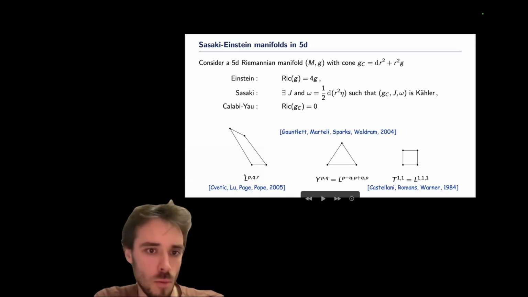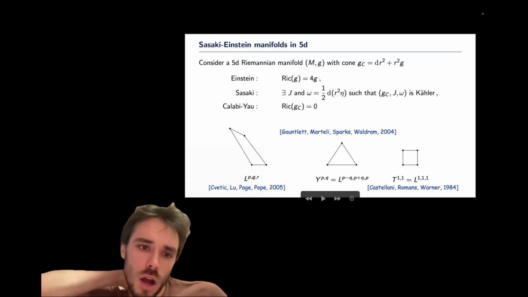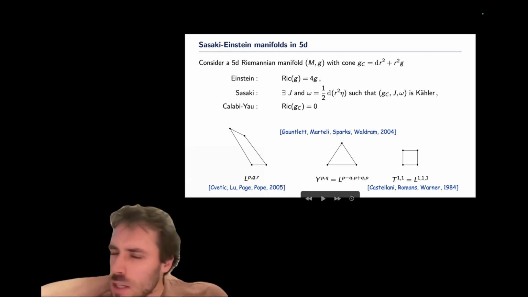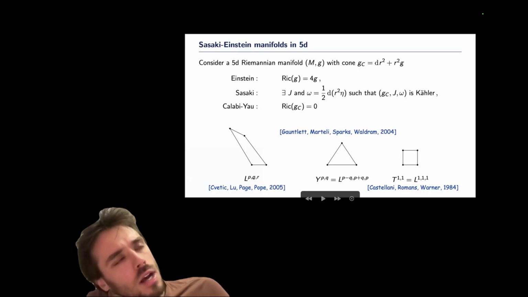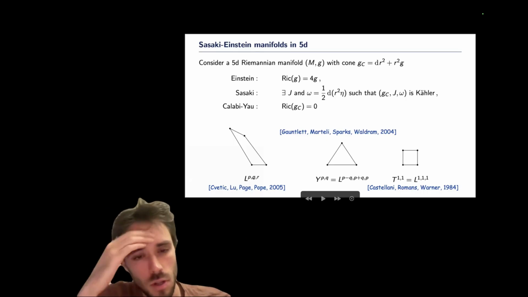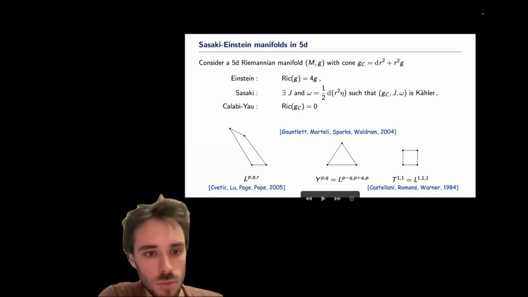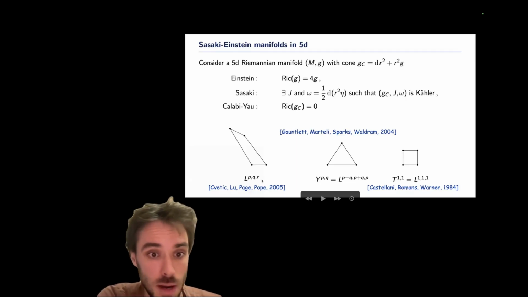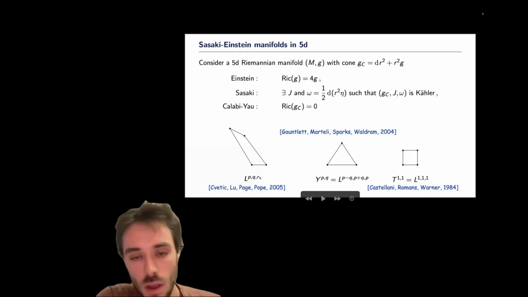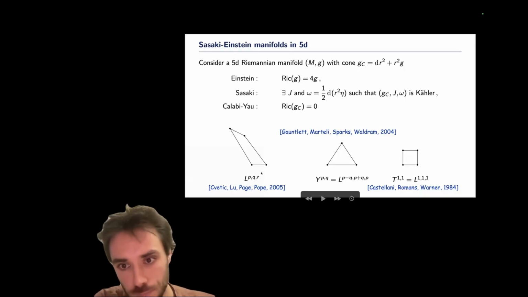In the case of L^{pqr} and Y^{pq}, this is topologically the same as S2 times S3, but it has some non-trivial information happening inside apart from the topology, and it is specified by these three parameters, p, q, and r, which satisfy certain regularity conditions.